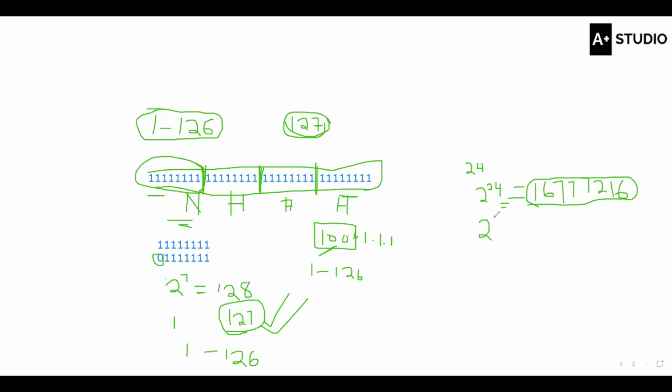So 2 to the power 24 gave us this particular value. So the number of hosts in a Class A IP address is 16 million, 777,216. That is the number of hosts in a Class A network.